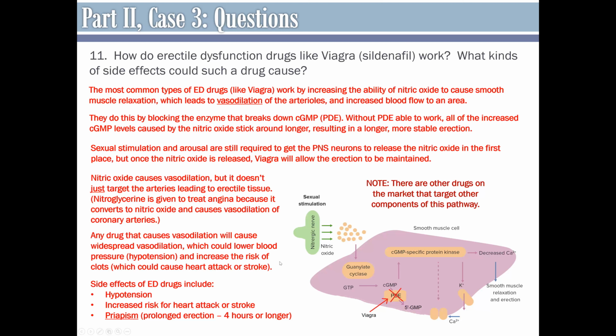So side effects of erectile dysfunction drugs include hypotension, increased risk for heart attack or stroke, or even priapism, which is a prolonged erection that lasts for 4 hours or longer, which is why if you've ever seen those drug commercials, they always say, you know, go see a doctor if your erection lasts for longer than 4 hours, when they're spilling all the side effects at the end.